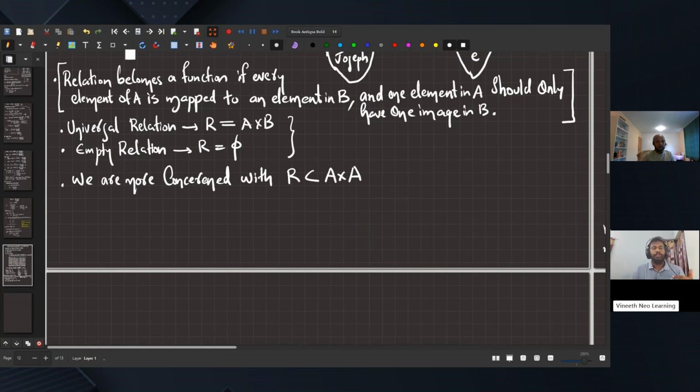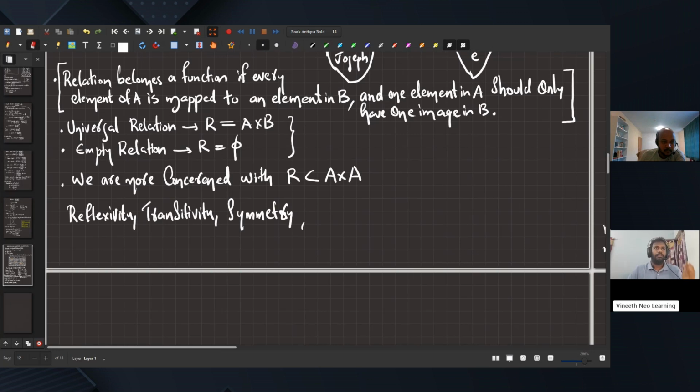So for that we need new definitions like reflexivity, transitivity, and symmetry or anti-symmetry. Today we will only focus on symmetry. These ideas are very important in order to define equivalence relations. So let's look at them.